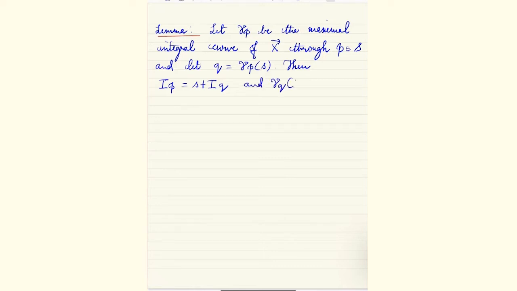So gamma Q of T is gamma P of S plus T, for every T in IQ.